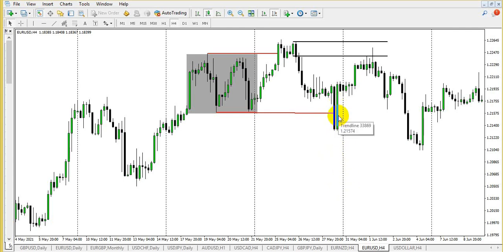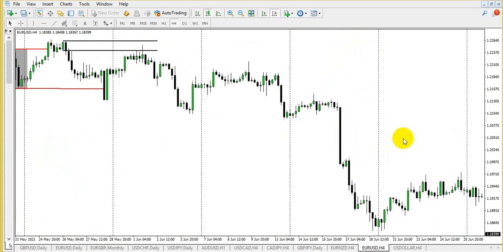But price took out the stop loss of such traders too, came into our zone and tested the bearish order block. It went into the zone of the bearish order block, and you can see the move away from that zone. And if you notice what happened, price kept on moving down and down and down.